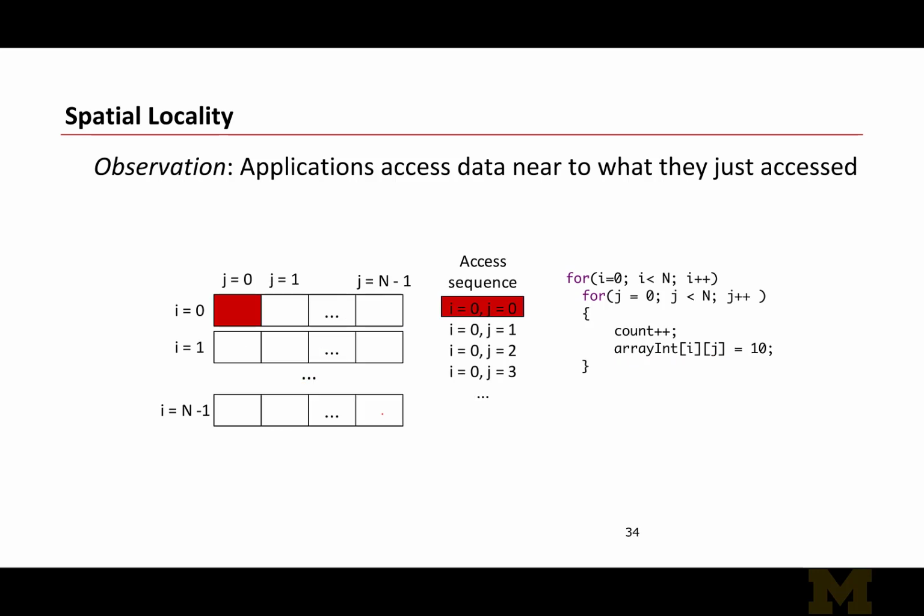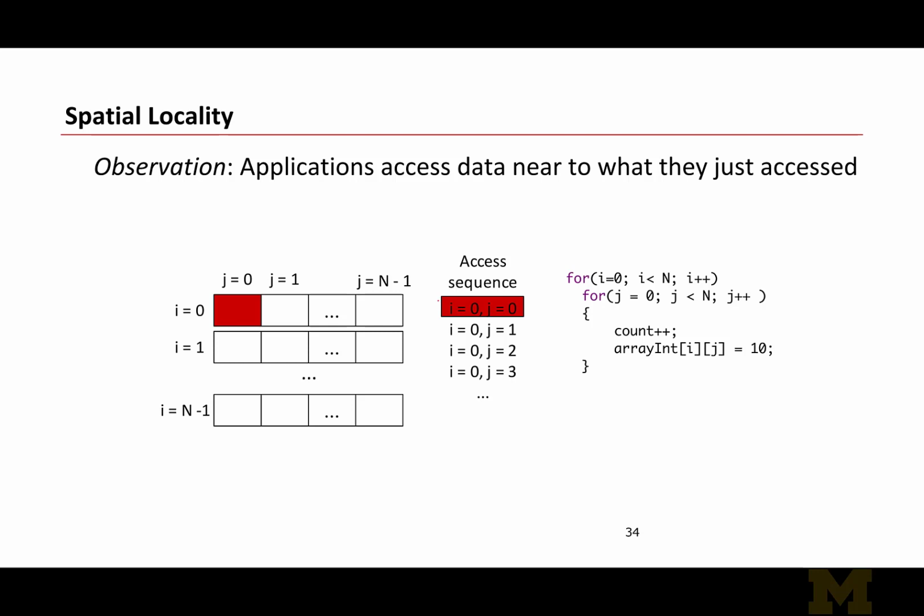Now let's take a look at why this leads to better performance due to spatial locality. Let's say my program accesses the location indicated by the red. Recollect that when an address is accessed, the whole cache block containing that address will be fetched into the cache. Let's say the cache block size is 4 data elements.